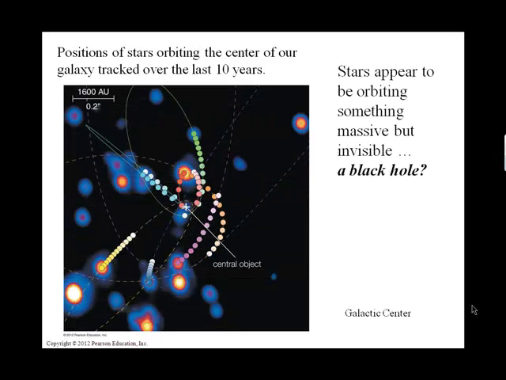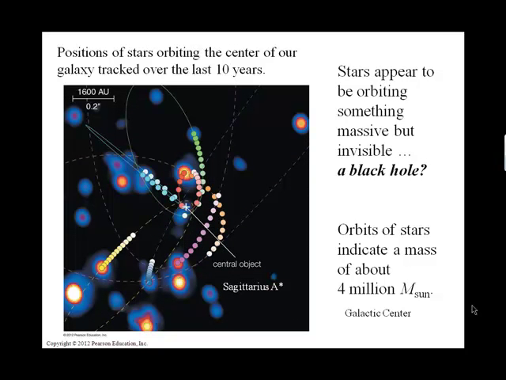So along those lines, here we have each of these sets of dots actually represents a star that is orbiting a region of the sky we call Sagittarius A star. You probably know Sagittarius is a constellation, and this is a region of space that we believe needs to be a black hole.